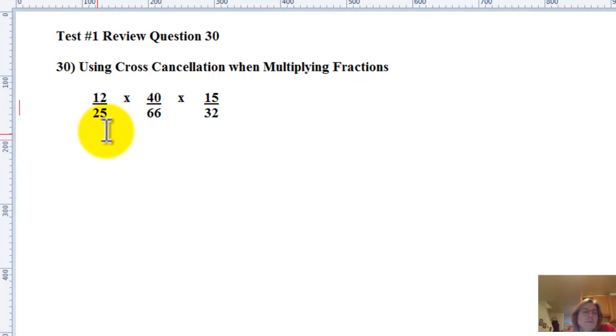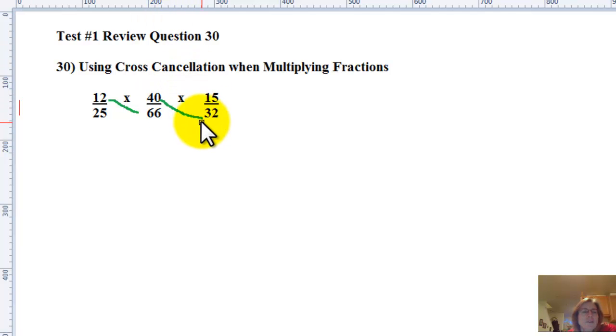So for example, you could see 12 over 66, and you can reduce a fraction like that, or 40 over 32. That's basically what you're doing when you're cross-canceling. You're reducing a fraction where the numerator is over the denominator, but on a diagonal.